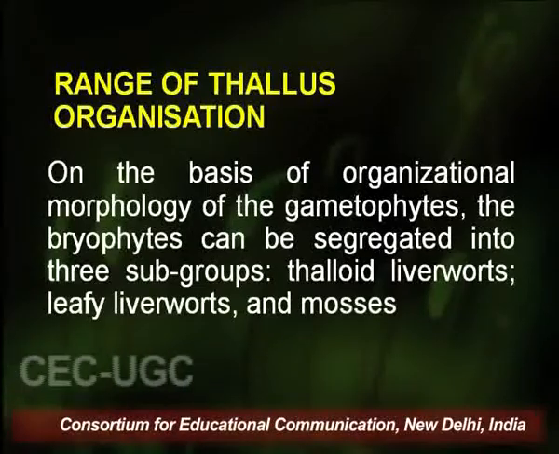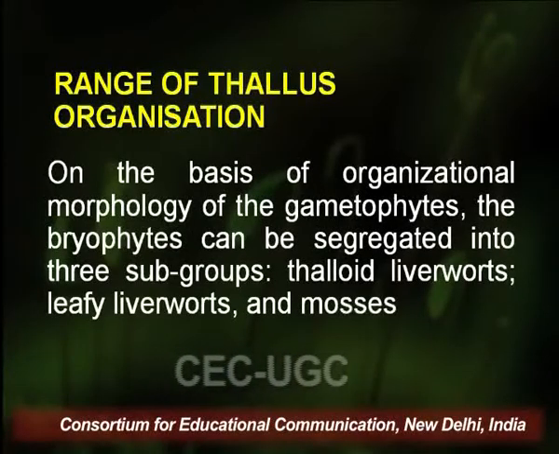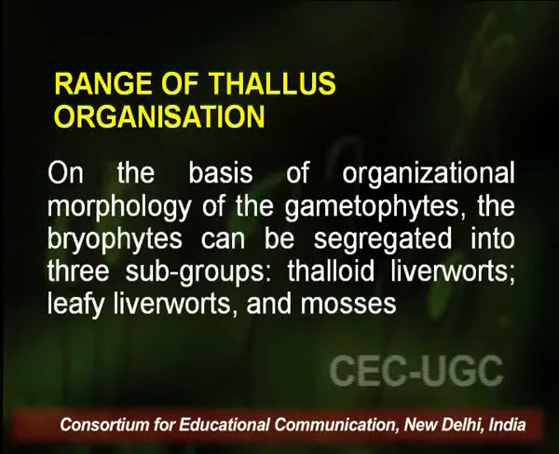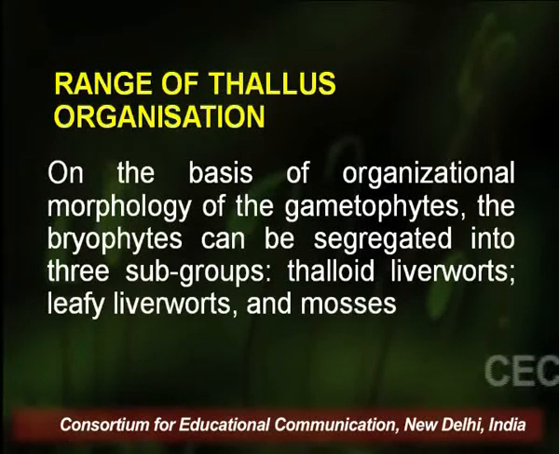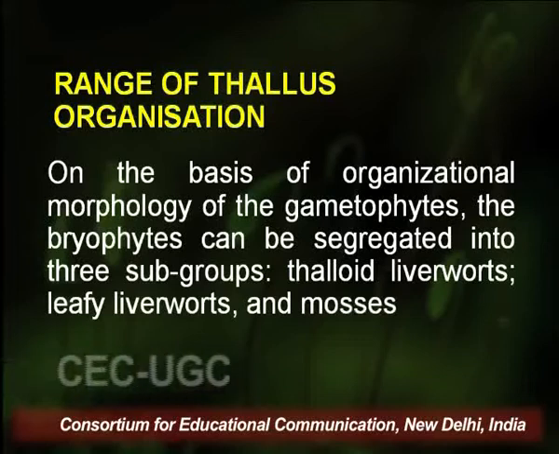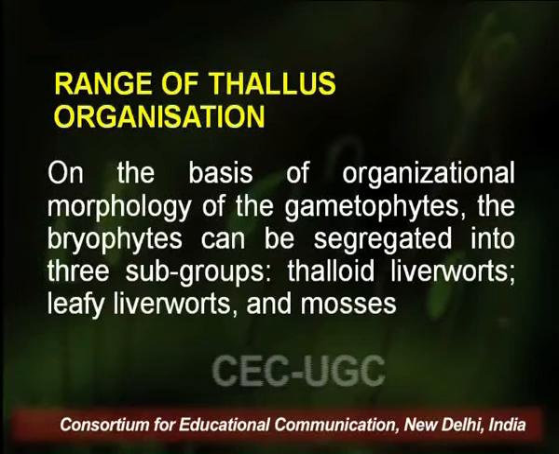So, let us understand what are different range of thallus organization we could observe in bryophytes. On the basis of organizational morphology of the gametophyte, they can be segregated into three subgroups: thalloid liverworts, leafy liverworts and mosses.